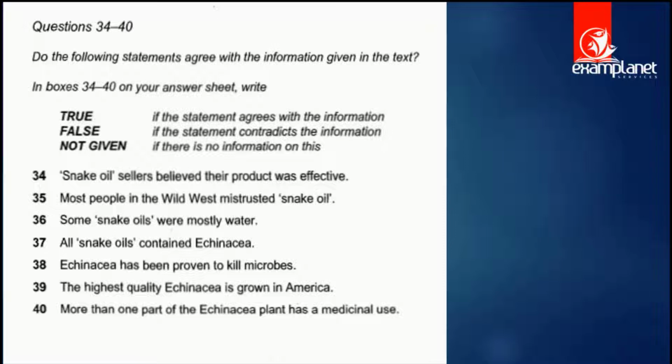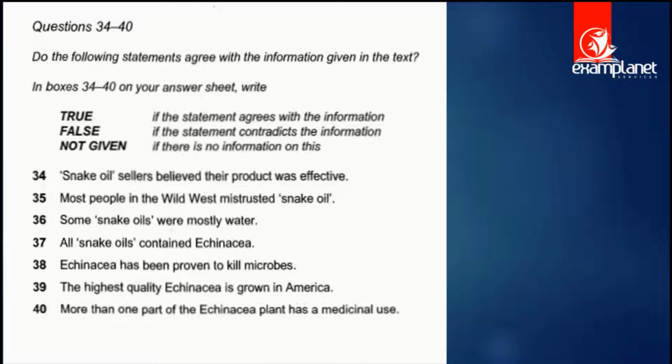Those that weren't harmless colored water. So that means that if some were harmless colored water, some most likely were mostly water. So the answer to that will be true.